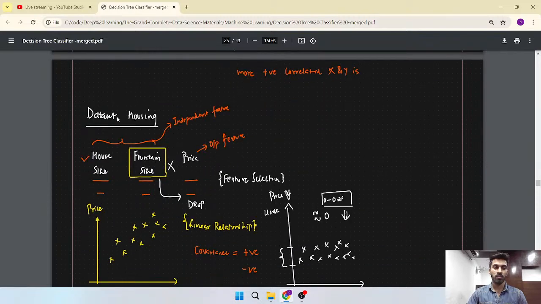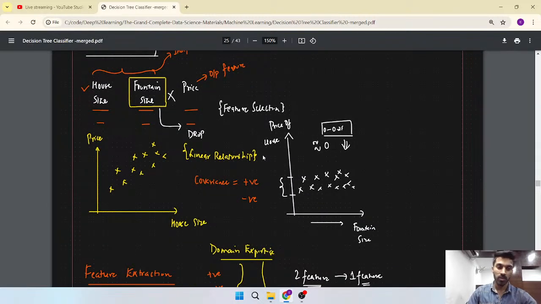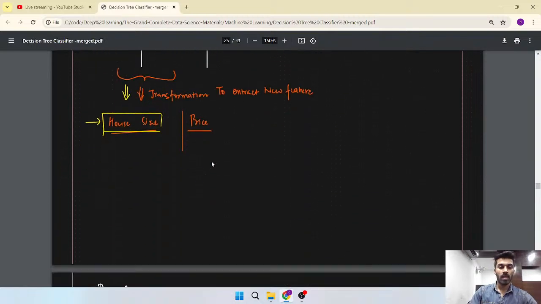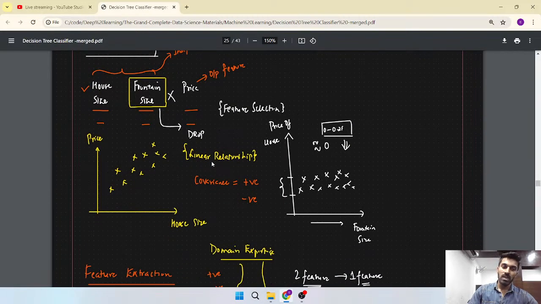Now coming to PCA, principal component analysis. In PCA, our aim is to reduce the dimension of our data. Suppose you have a dataset of 100 features, so 100 features means 100 dimensions.